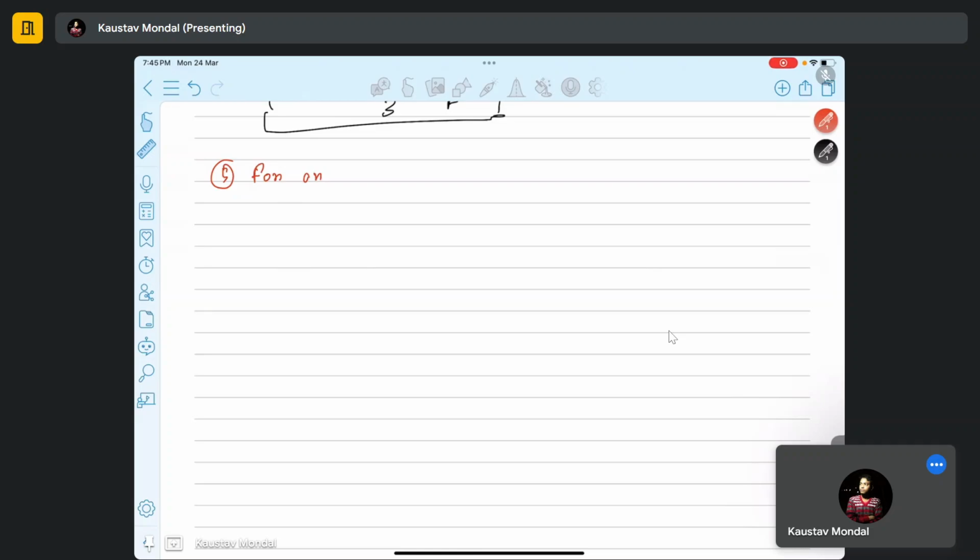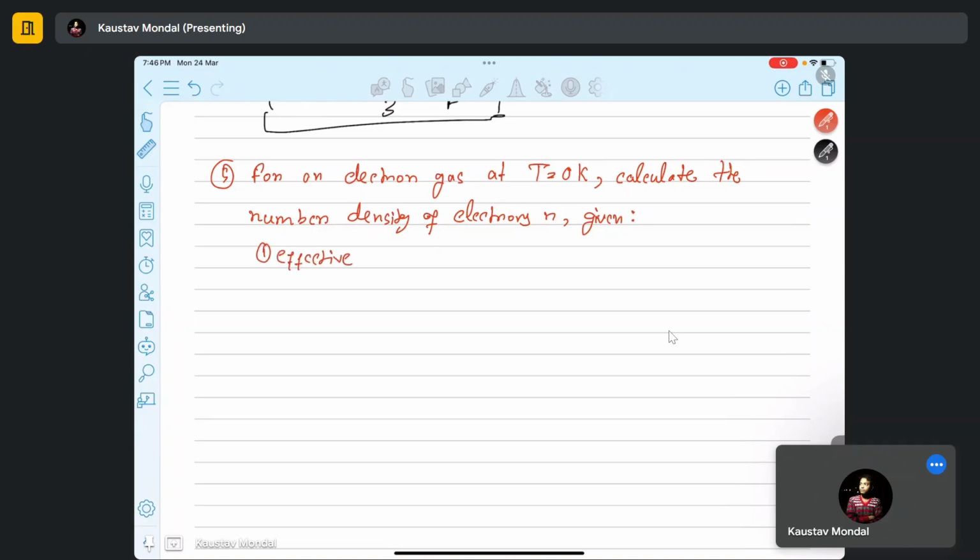For an electron gas at T equal to 0 Kelvin, calculate the number density of electrons in terms of the effective mass m star, the Fermi energy EF, and a constant.